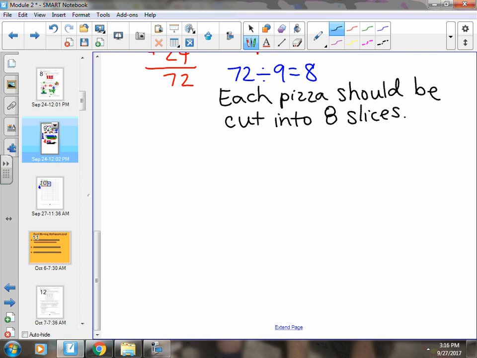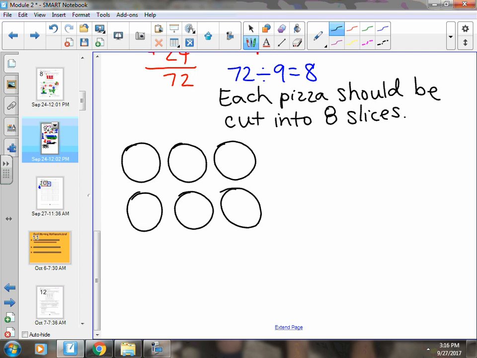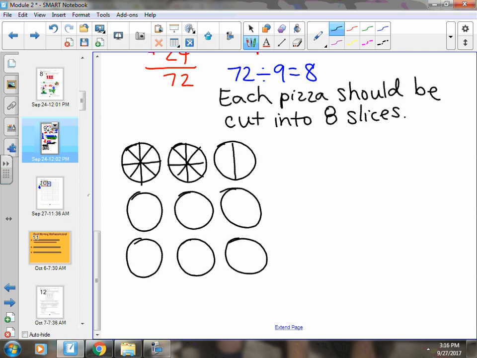So I could show my 9 pizzas. Right? And I could split them into 8 slices. Nine pizzas times 8 slices, that's the 72 pieces that I need.